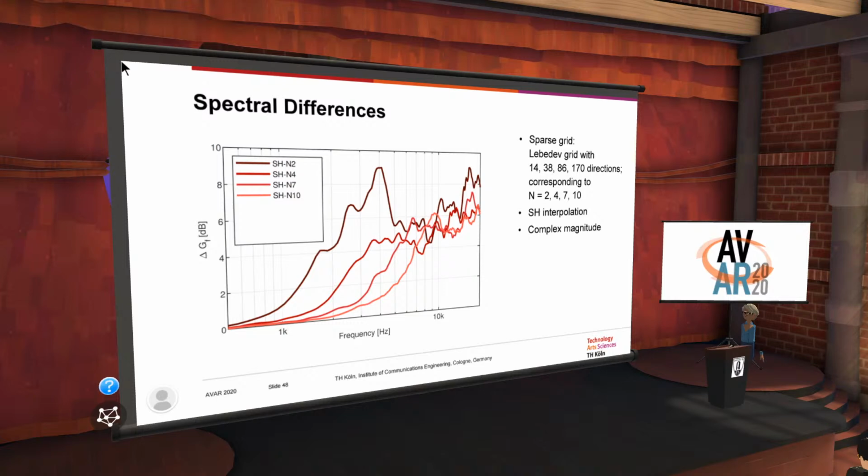And you see that there is a steep increase for the SH-based interpolation at some frequency which depends on the order, and that is exactly what we expect. It's the spatial aliasing frequency, where it starts or where it gets large, and it's this effect of spatial aliasing that we can see here.